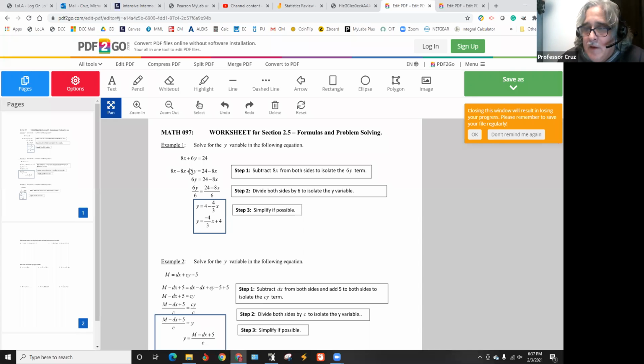Now, so how do we solve for the variable y? Well, y is right there next to the 6y. So what we've got to do first is eliminate the 8x. We don't want it on the same side. That's all the same things we've been doing to solve for a variable. So we're going to subtract 8x here, and if we do it on the left, we've got to do it on the right. 24 minus 8x.